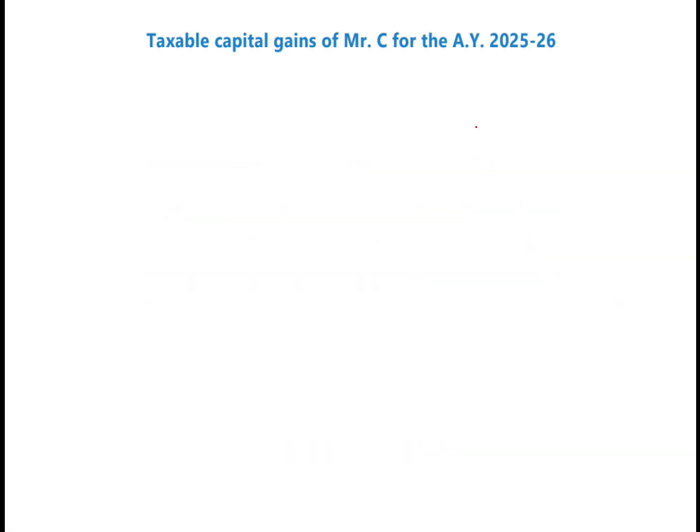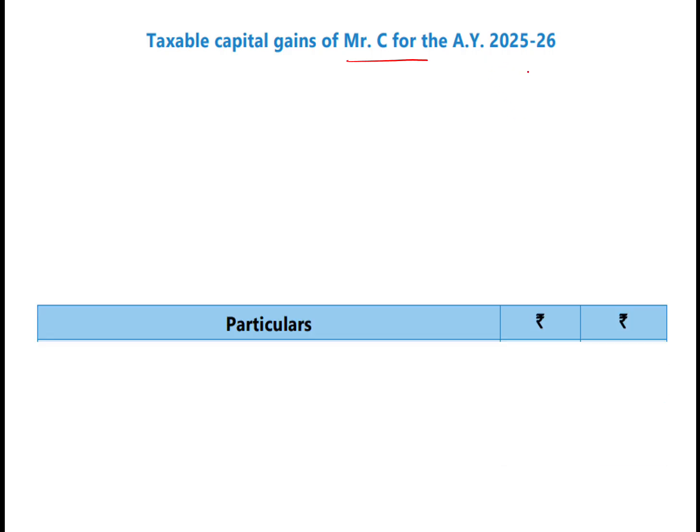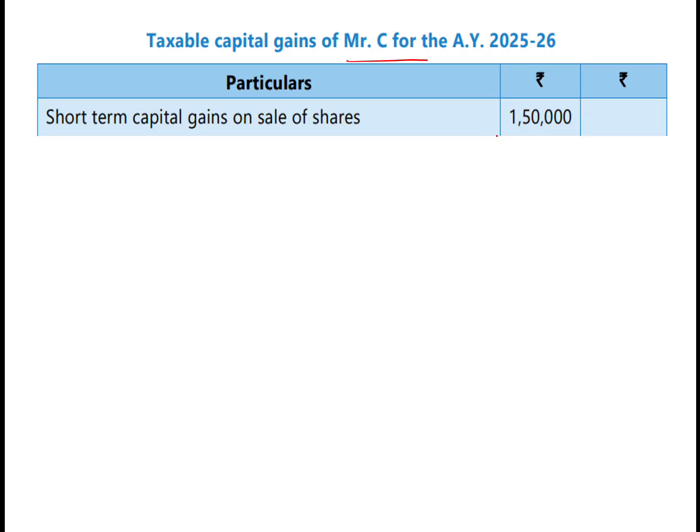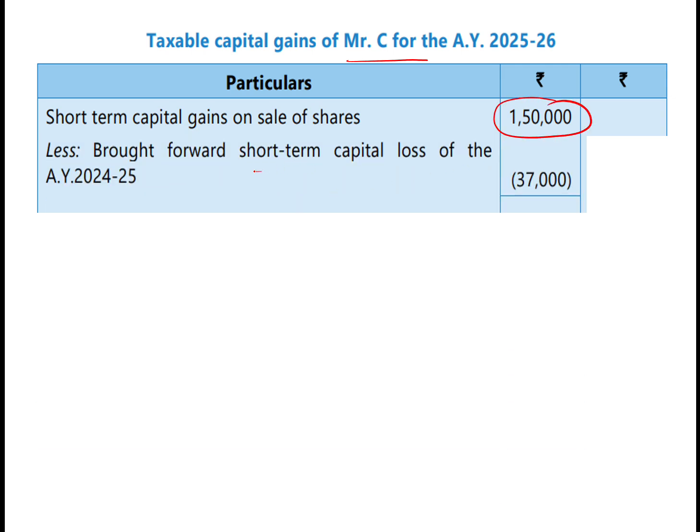If we see the calculation of capital gain of Mr. C for assessment year 25-26, first one is short term capital gain of 1,50,000, and we have brought forward short term capital loss of 37,000, which can be set off, and this has been carried forward from previous year. So we have 1,13,000, which is taxable as short term capital gain on sale of share.